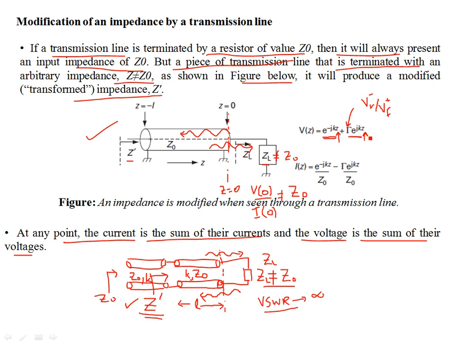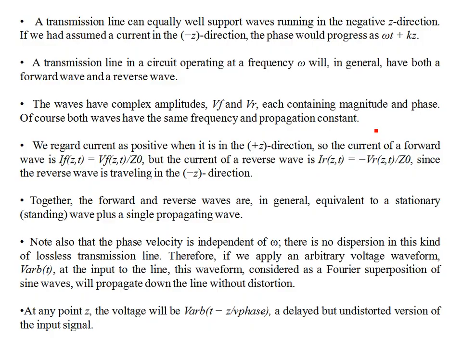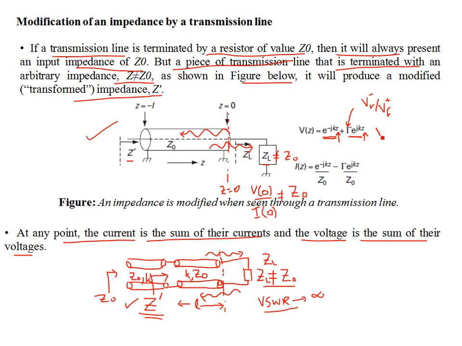it's the sum. At z equal to 0, for example, V at 0 will be equal to 1 plus gamma. That's your voltage amplitude, and this gamma is generally complex.